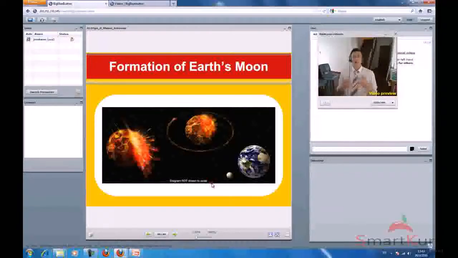There was a huge crash of two planets. Imagine a planet the size of Earth and a planet the size of Mars crashing into each other. How enormous this must have been. When they crashed, it threw debris in all directions. It was ejected into space, and much of this began orbiting around the Earth.